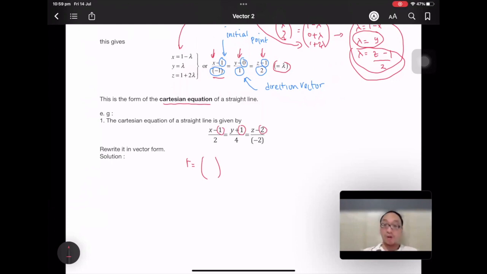Use the opposite sign. Plus, we can use the parameter lambda for the direction vector, which is 2, 4, -2. So this is the answer.